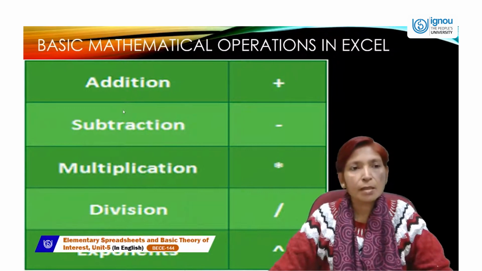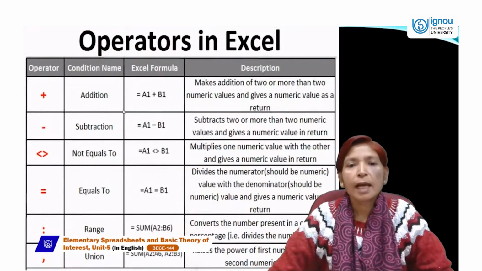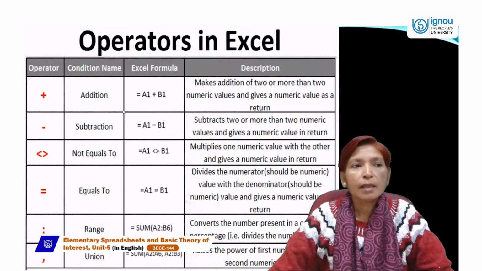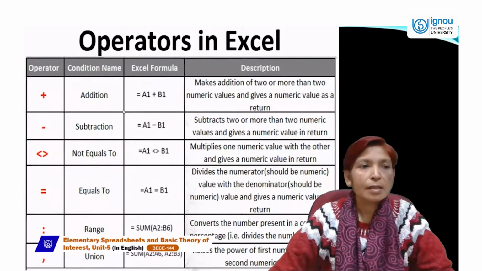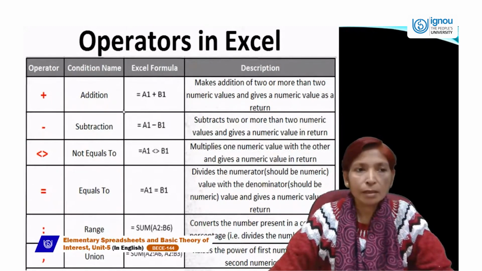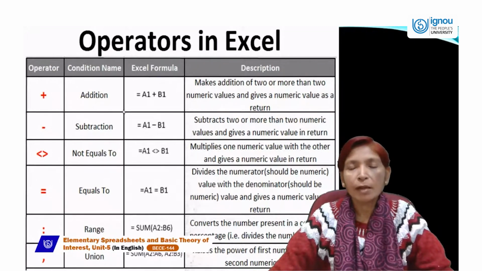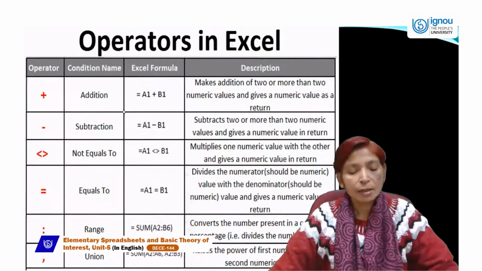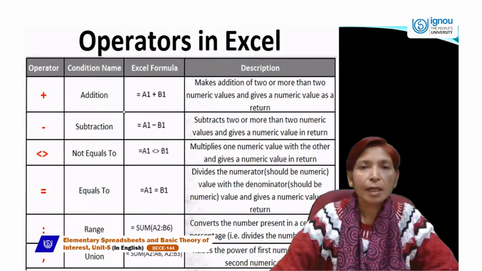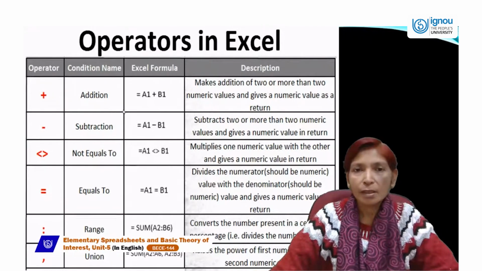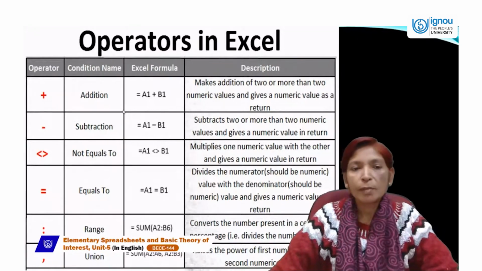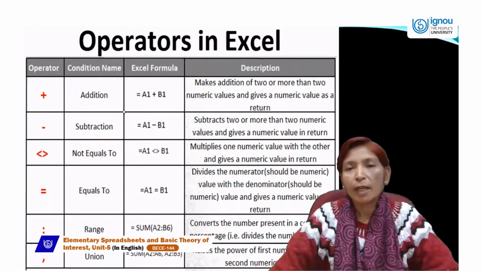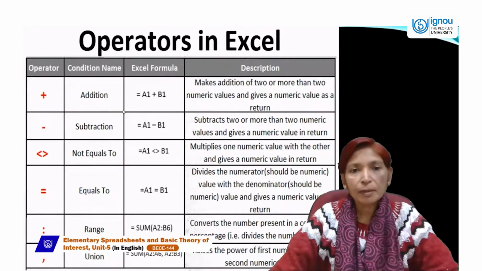Next are operators in Excel. First is the plus operator; its name is addition, and the Excel formula is A1 plus B1 because we are adding two things. If A1 is the item given in column A and B1 is in column B, then we can add A1 plus B1.